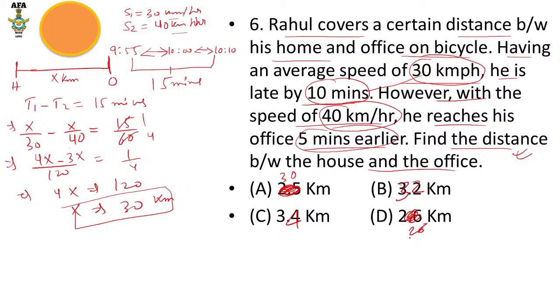So the answer options are a bit wrong. We need to find the value of x. For x we will get 30 km per hour. So the person who made this PPT committed a mistake in the answer options. So this will be 30 km per hour.